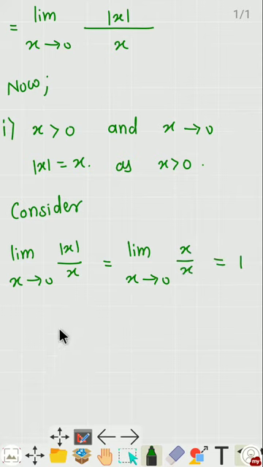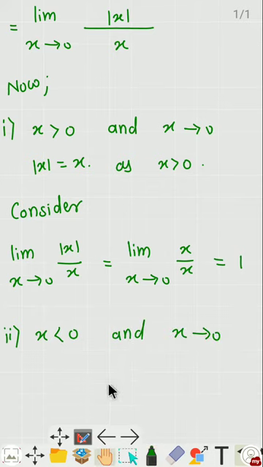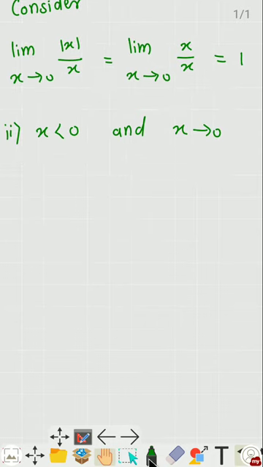Now in the second case, we consider x less than 0 and x approaches 0. As x is less than 0, the value of the mod x function is minus x.